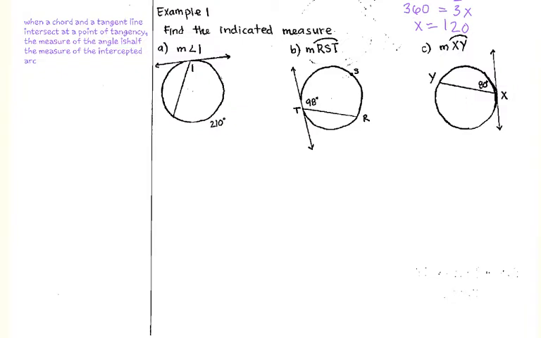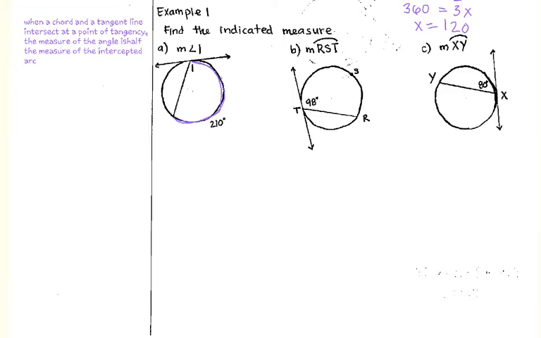For example 1, we are going to use the fact that when a chord and a tangent line intersect at a point of tangency, the measure of the angle is half the measure of the intercepted arc. So, in example 1, part A, we want to find the measure of angle 1. We know that the intercepted arc right here is 210.